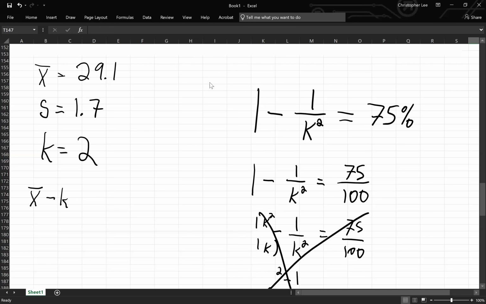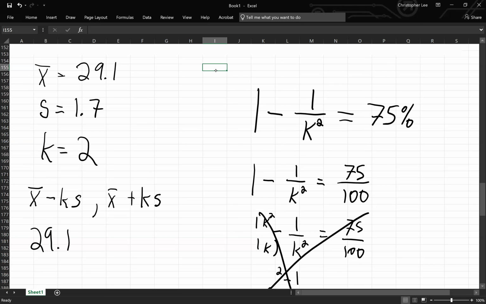This one's a little bit easier because it gives you the standard deviation, so you don't have to find it. All right, here we go. So X bar minus K times the standard deviation to X bar plus K times the standard deviation. Just plug in the numbers. This is real simple.